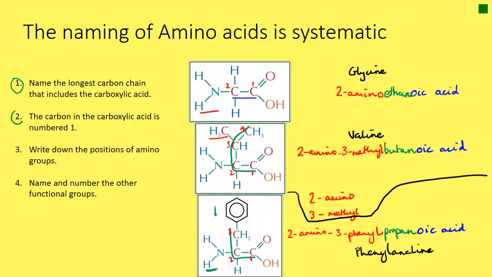Propanoic acid, and then we need to name the other groups, the amino group and any other functional groups that we've got. In this one we've got, as well as an amino group, a phenyl group here. The amino group is attached to carbon number 2, and the phenyl group is attached to carbon number 3.